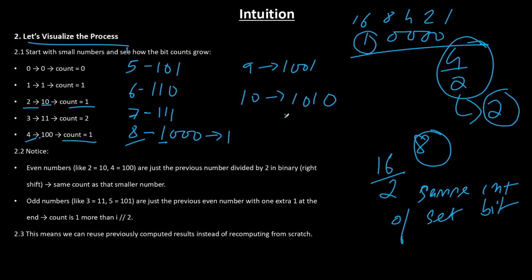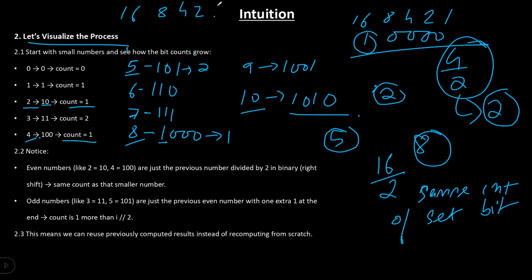Suppose let's take 10. The set count of 10 is 2, right? Half of 10 is 5, and the count of ones in 5 is 2, same as 10. Let's take 20 also. The representation of 20 is 16 plus 4, which gives 20.